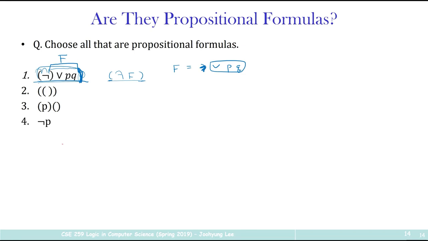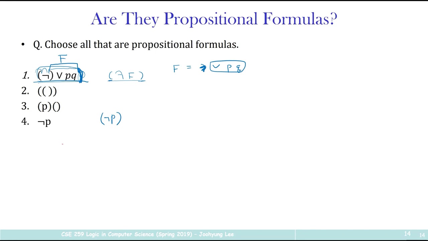Because we can't prove that P is a formula. There's no parenthesis, right? In order to have negation, according to the rule we just talked about, if P is a formula, then we can write another formula by putting a negation and also open and closing parentheses.